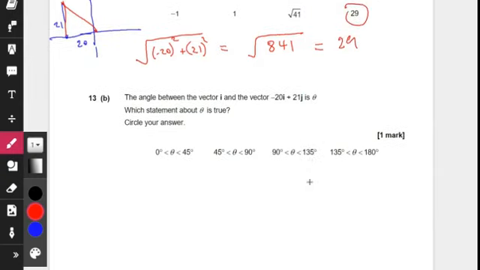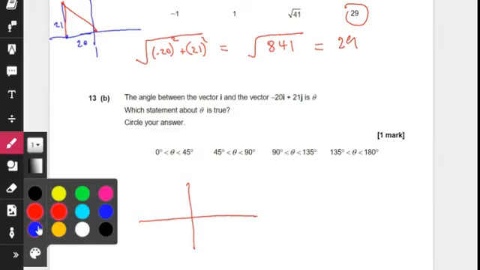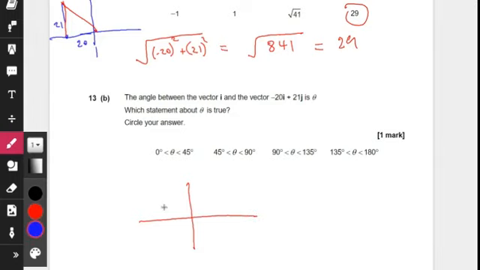The angle between vector i and the vector minus 20i plus 21j. Well, we can work it out. We know that our vector is way over here, and we can imagine i is along here.